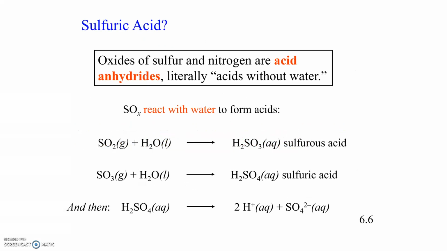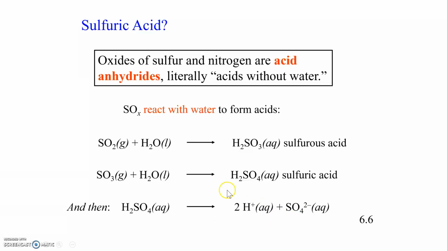Why do these result in the formation of acid rain? We can look at an example with SOx. SOx is our sulfur dioxide and sulfur trioxide. When you add these to water, you form sulfurous and sulfuric acid. When those acids are in water, they dissociate and form H+ and some anion.